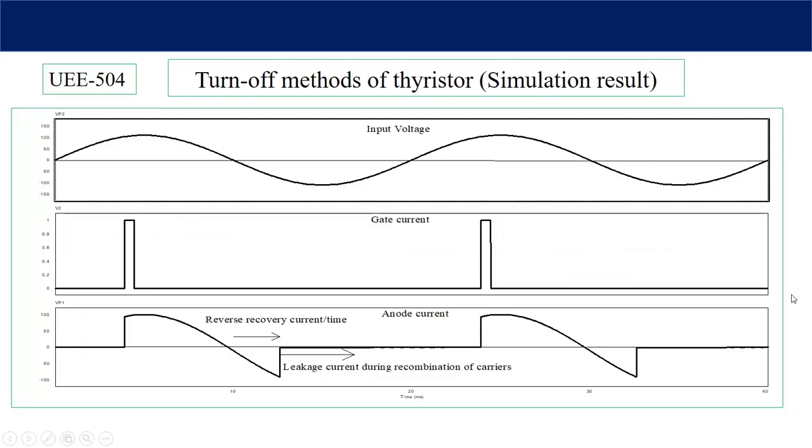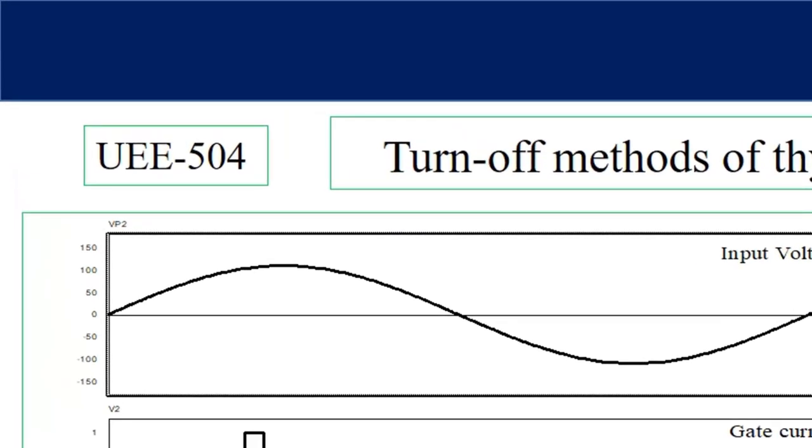See, here three plots are shown: input voltage, gate current, and anode current waveforms. The top one is the input voltage. The input voltage from 0 to pi is positive, pi to 2 pi it is negative, and likewise it will continue.